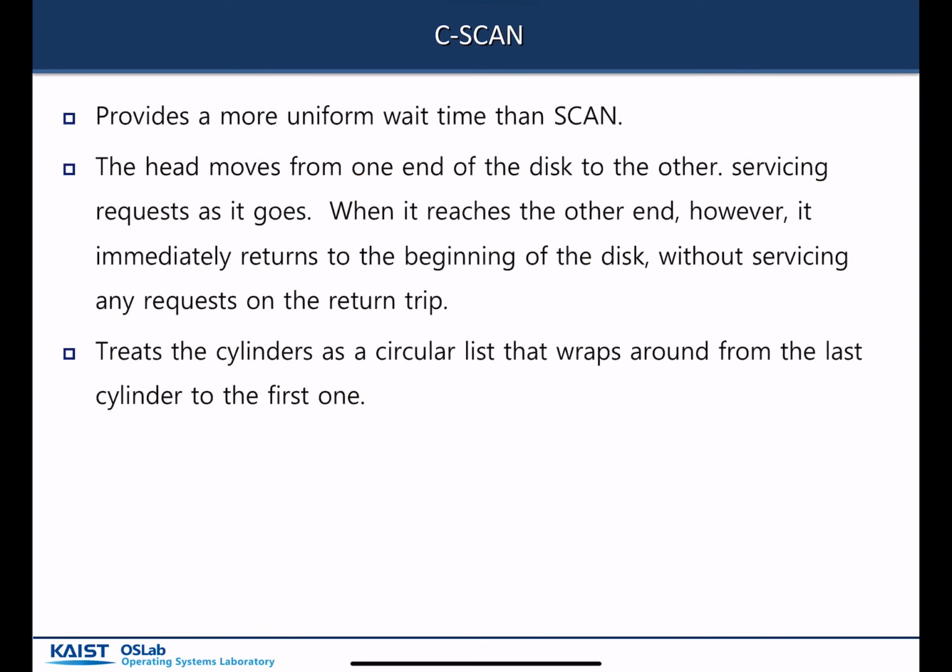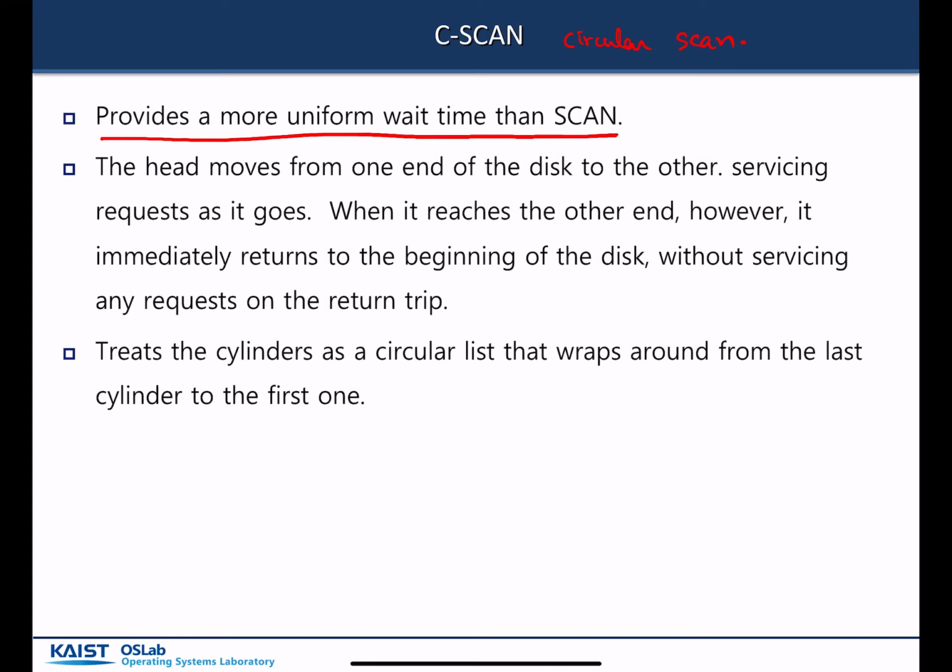So to resolve the situation, they came up with the idea of C-scan. It is called circular scan. It provides more uniform wait time than scan, because in circular scan the requests are serviced in only one direction, so each track has the same chance of getting serviced.